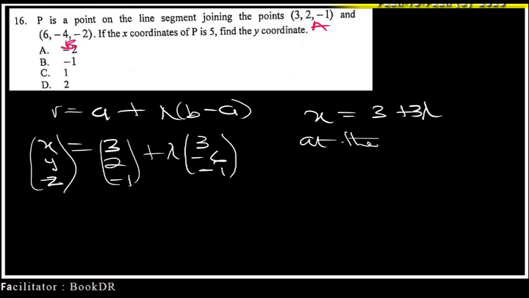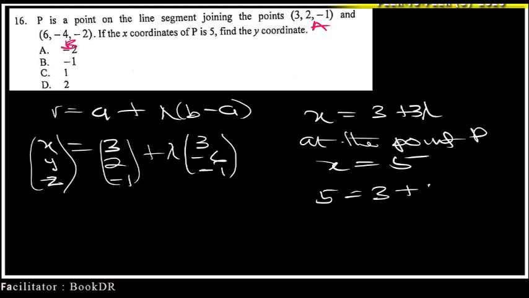At the point P, x is equal to 5. So it implies 5 is equal to 3 plus 3 lambda. Solving further, we have 2 is equal to 3 lambda, and our lambda will be equal to 2 over 3.